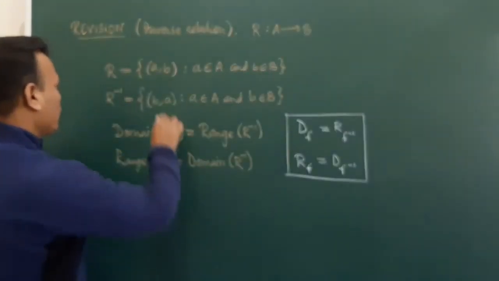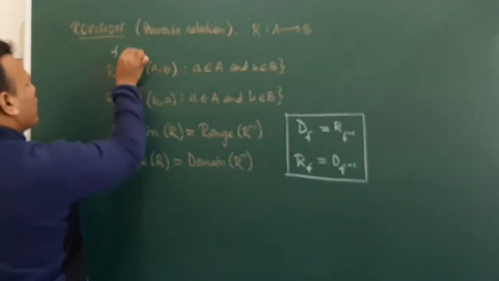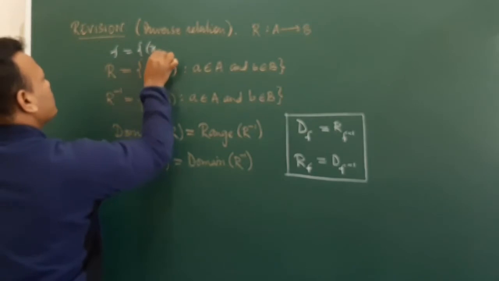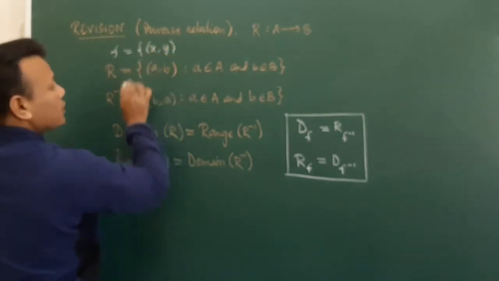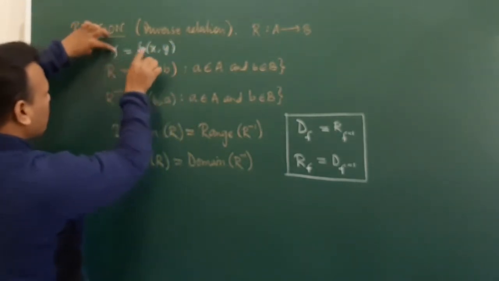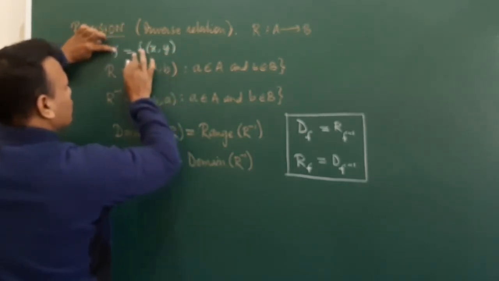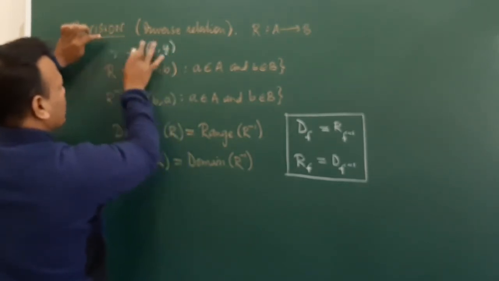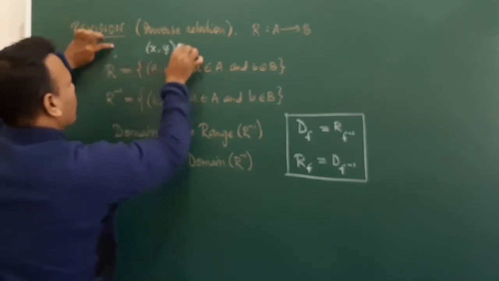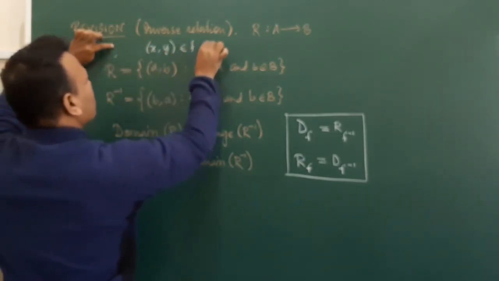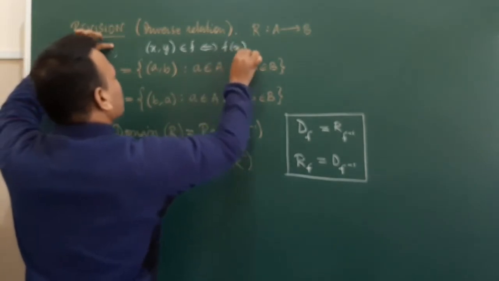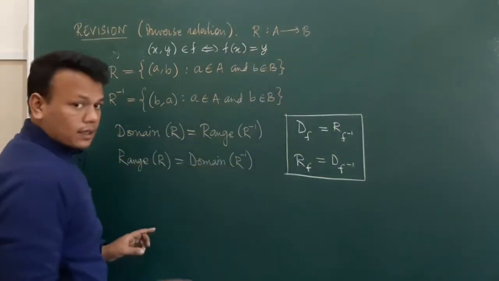As you know, in a function we have x and y. That means the function maps x to y. In other words, let me write it this way: if (x, y) belongs to f, then this can be written as f(x) = y.